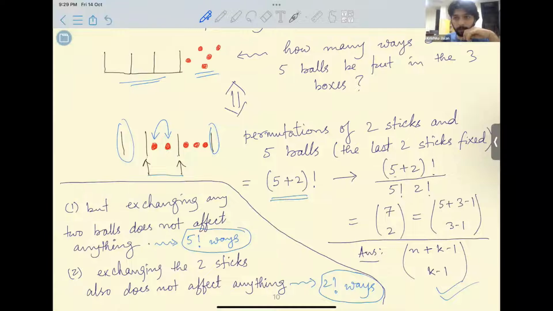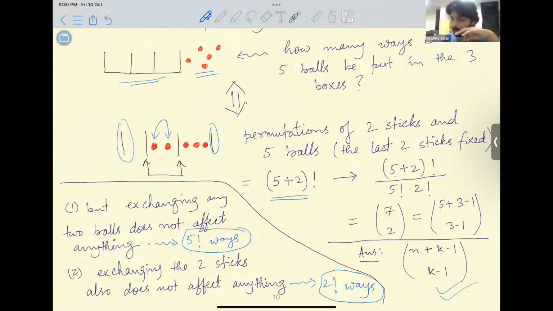Sir, like there are chances that the balls may not be 2 in one box and 3 in another box. There may be other ways, like 4 in another box, 1 in another box.